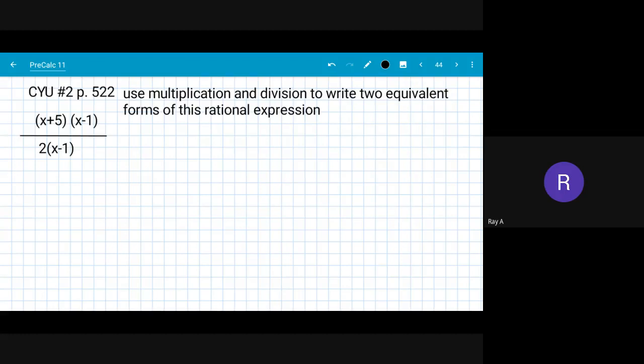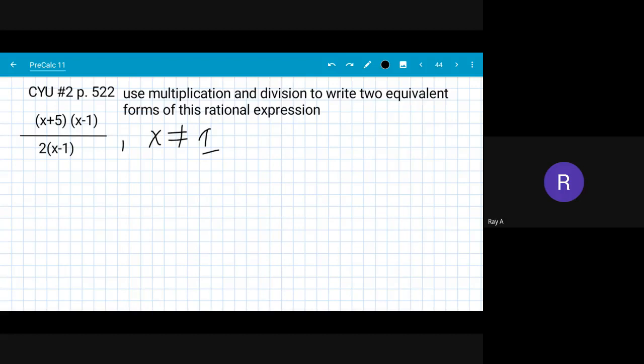The only difference here is that if you come up with something you multiply or divide by, and it involves a variable, then it will have an additional non-permissible value. Right now, the non-permissible value is x is not equal to 1, because if you make x equal 1 here, that denominator becomes 0. Now, some of you might think that, wait a minute, these two cancel out, yeah, but you always look at the beginning.